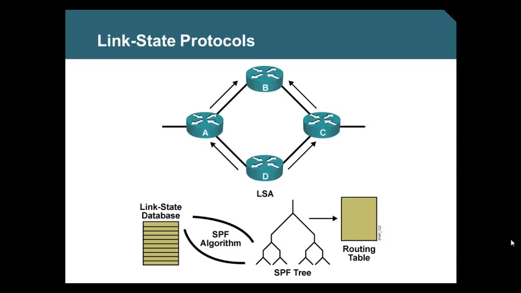Link state advertisements are collected in a database called LSDB, link state database, on every router. The SPF algorithm, the binary tree algorithm, takes care of picking the best path among many and putting the best path into the routing table.